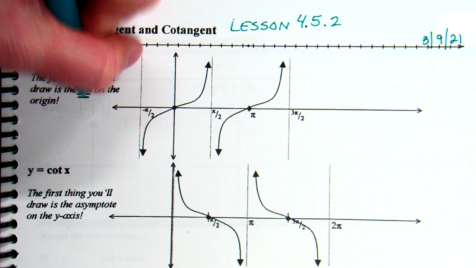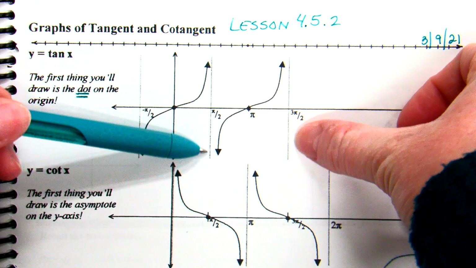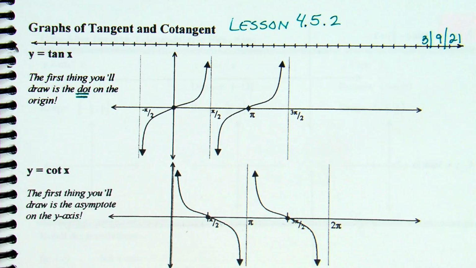When you actually draw it, the first thing you'll do is draw the dot on the origin. Now, how far apart are those dots? They're 1 pi. And how far apart are the asymptotes? 1 pi, because from pi over 2 to 3 pi over 2 is a pi.